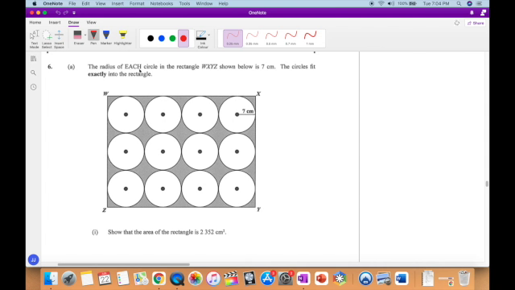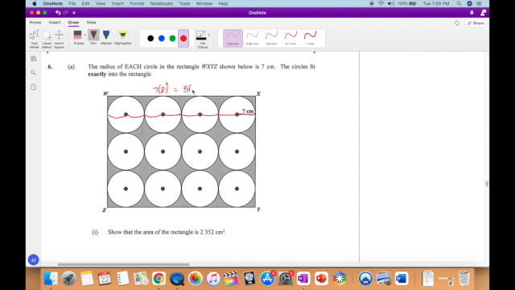The radius of each circle in the triangle below is 7 centimeters. So I can see this line here from here to here is 7. The circle fits exactly. So if from here to here is 7, 1, 2, 3, 4, 5, 6, 7, 8. So 7 times 8, that is 56.